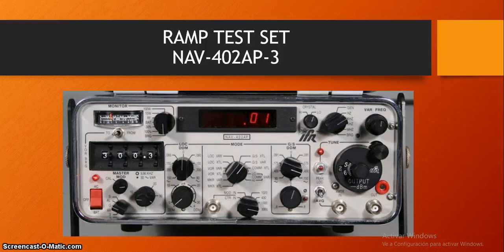Finally, the tone select switch. By means of the switch, the identification tone is selected, being in this case 2020, 400, 2300 or 3000 Hertz. Finally, the crystal high or low switch.